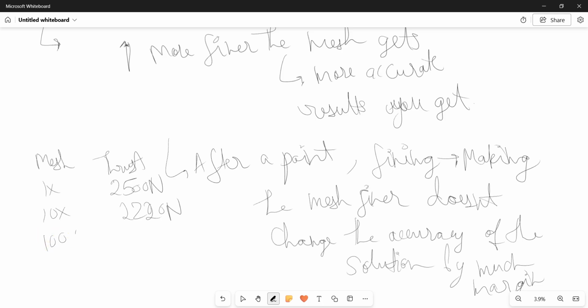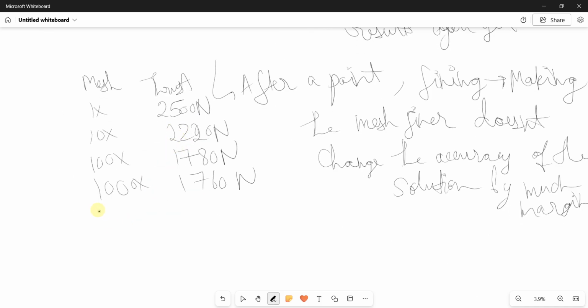Now I start making it a finer mesh, so 100x, and I get 1780 Newton. Now I go 1000x, I'm getting 1760 Newton. Now I go, suppose, another x, and I get 1758 Newton. Then another finer mesh, I get 1759 Newton.